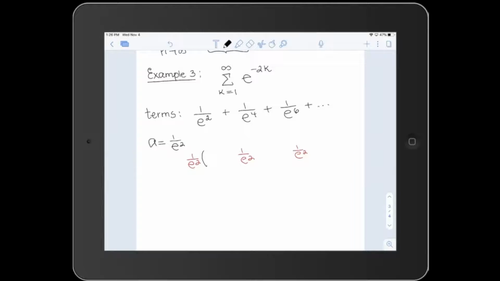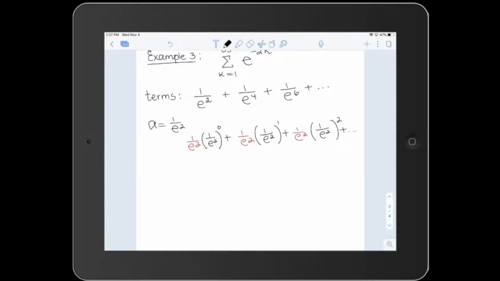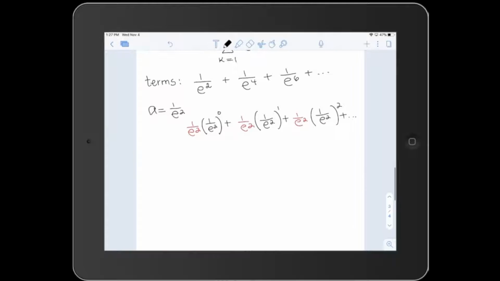And then what about my ratio, r? The ratio in this case would also be 1 over e squared, the same thing. So this is raised to the 0, this is raised to the first power, and then 1 over e squared to the second power, and so forth. Once you rewrite it this way, you can see that this is definitely a geometric series.